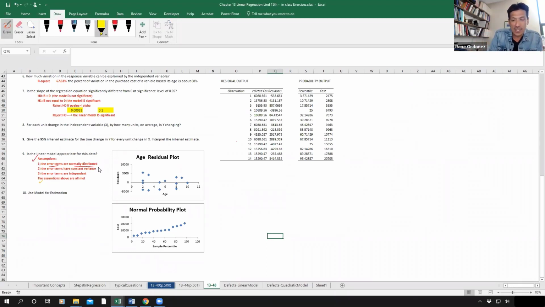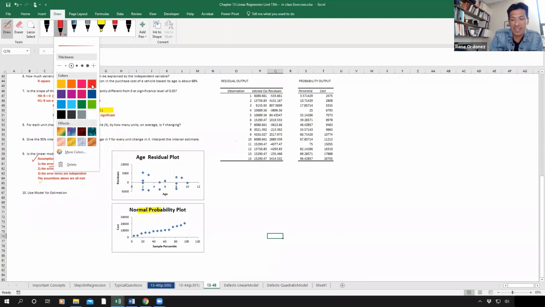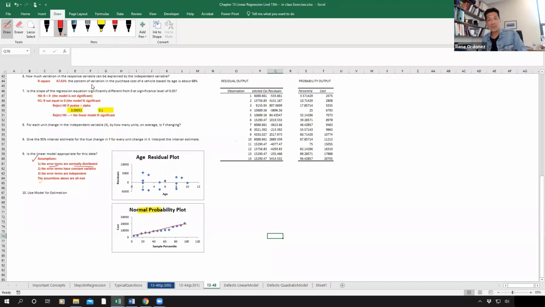We will be using this normal probability plot. And what we want to see in this plot is a fairly straight line, which in this case it is. So we will say that the normality assumption is met. Okay?